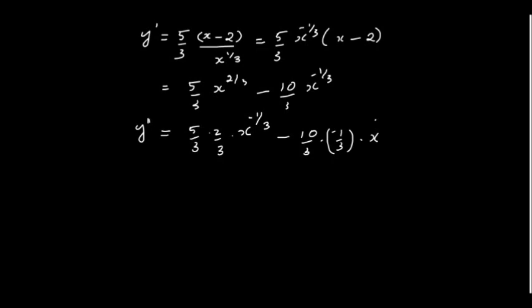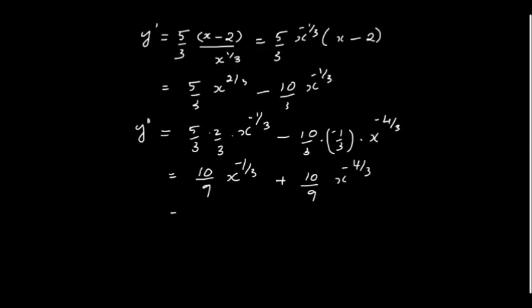So it will come minus 4 by 3. So this again I will write as 10 by 9 x raised to minus 1 by 3 plus 10 by 9 x raised to minus 4 by 3.